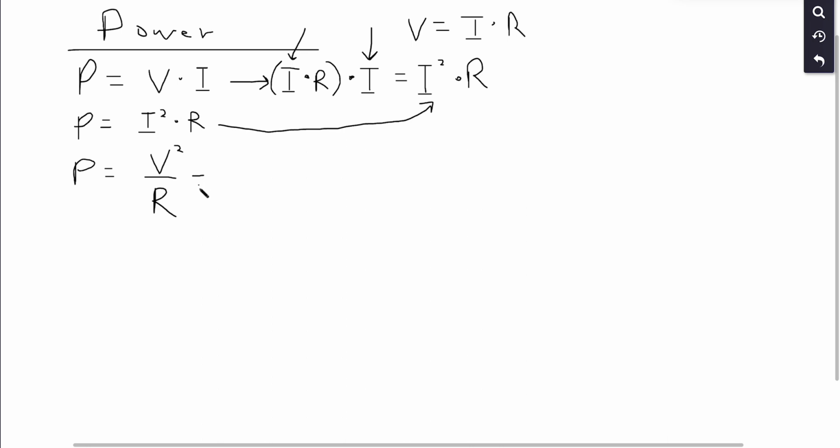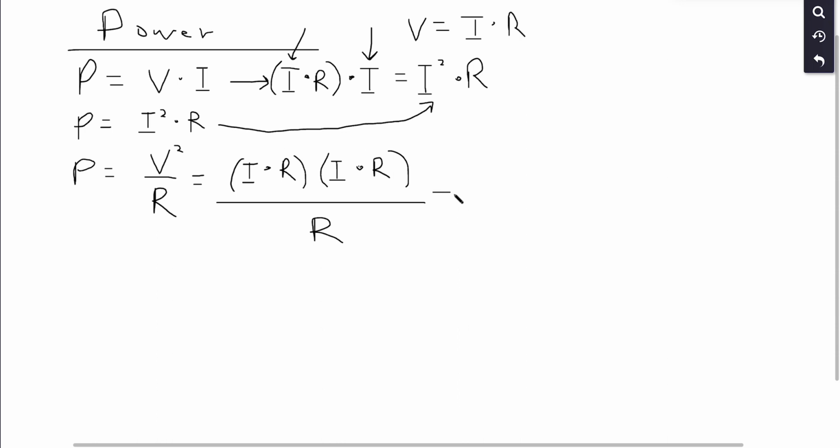Now let's see if the third one also equals this. So let's substitute in for V, right? So what do we have? We got I times R, but it's squared, right? So we'll have to multiply that by itself, and so we'll have another I times R, and all is divided by the resistance.